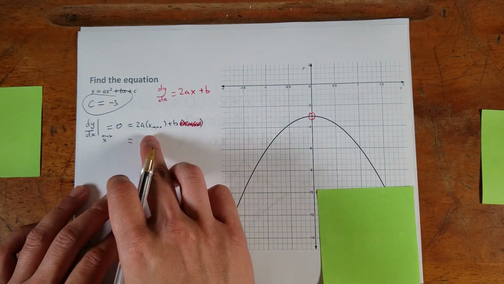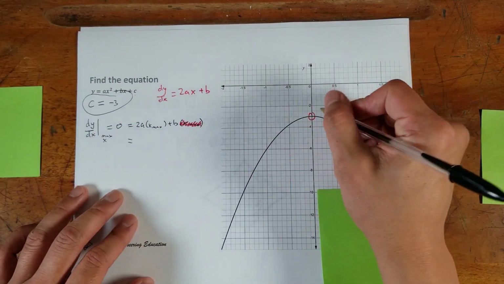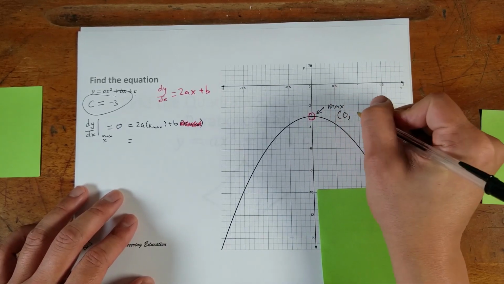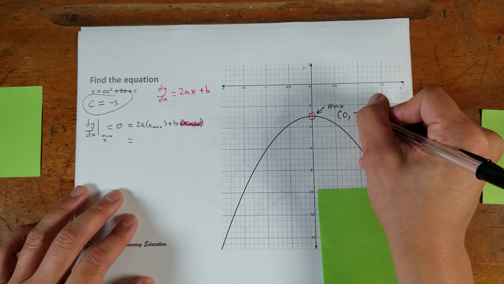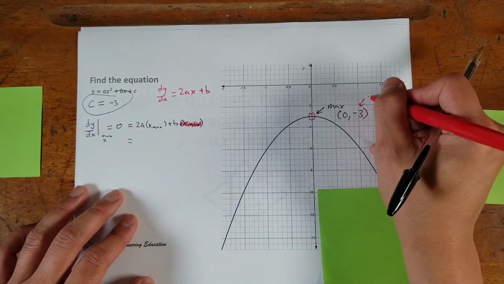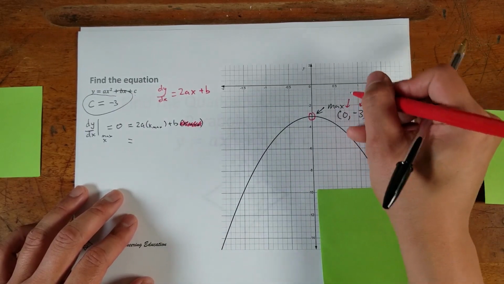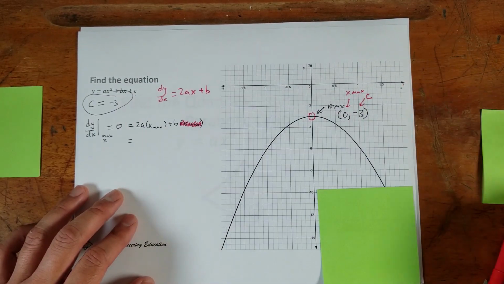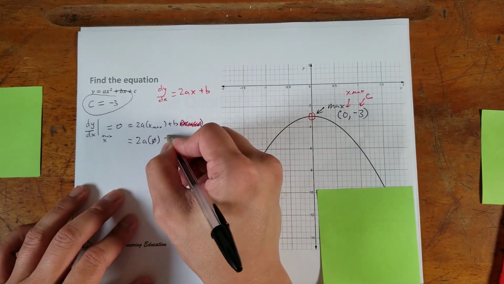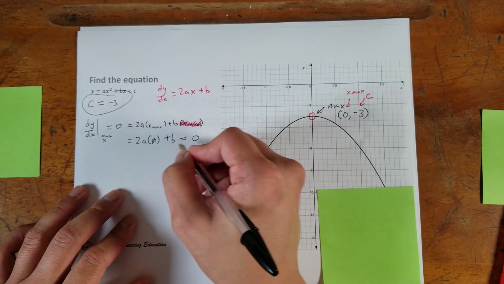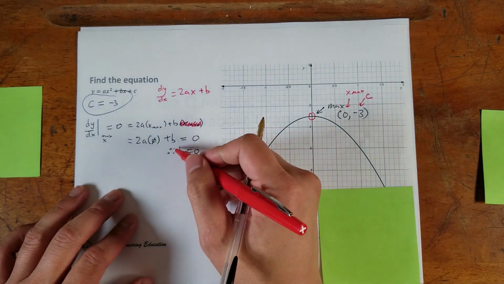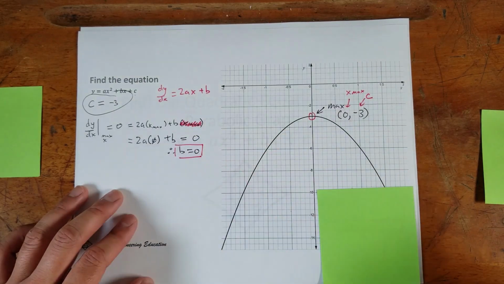All right, so x max is this location right here, right? This is your max at (0, -3). So that's where we got the C value from here. And this is our x max. So 2a times 0 plus b is equal to 0. So from this, b is equal to 0, which is nice too.